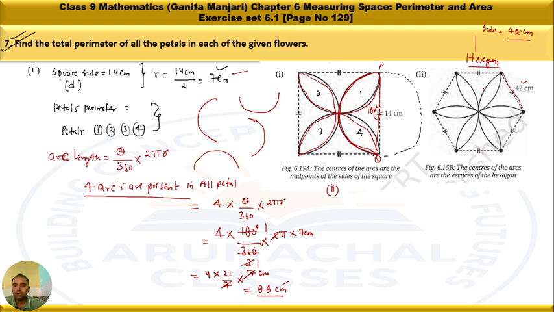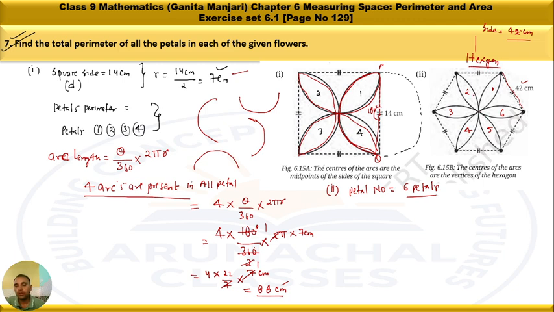Now if I consider how many petals are there, again we need to find out the perimeter of all the petals. So the petals are 1, 2, 3, 4, 5 and 6. So 6 petals are there.